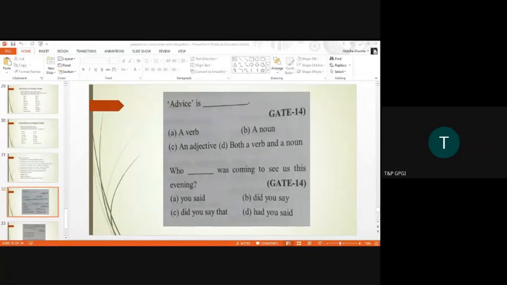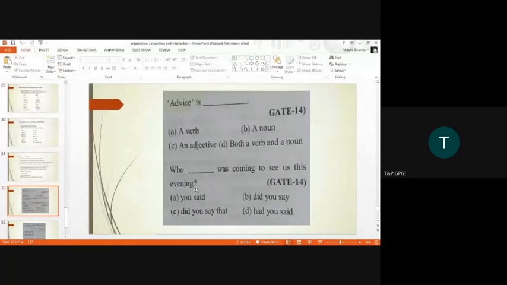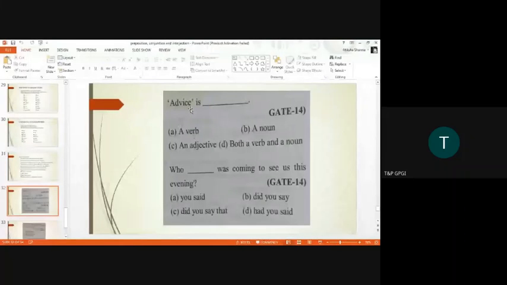All right, students, just any guess you can try to answer. Noun, advice. Okay. If it is spelled ADVICE, with CE, it is a noun. Instead, if it is SE, it will be a verb. Since it is CE, it's a noun.